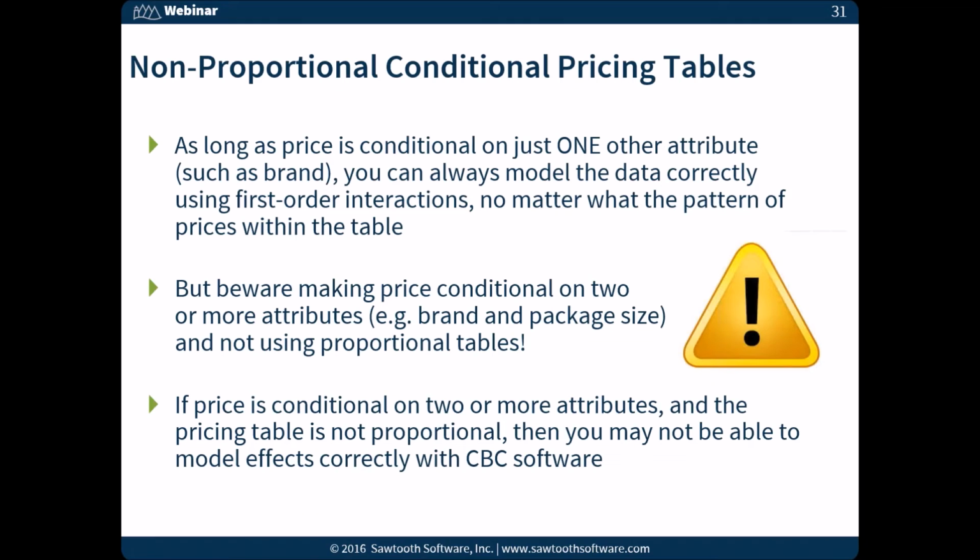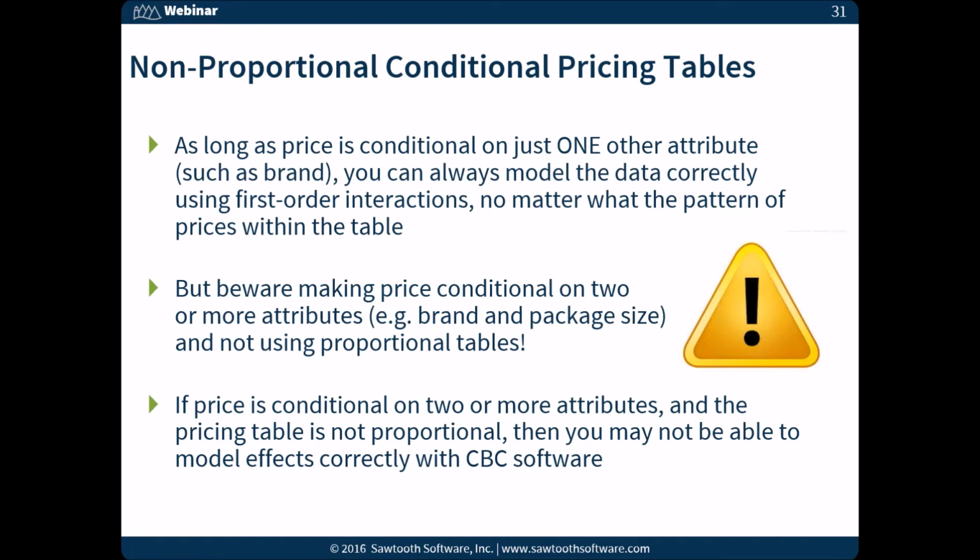So if I've scared you enough into using proportional conditional pricing tables, there's still going to come a time when you're just not going to be able to use them. Sometimes this is at the client's request, sometimes it's because you forgot beforehand. But as long as the price is conditional on just one other attribute, let's say brand, for example, then we should be able to model the data correctly using first order interactions, no matter what the pattern of prices within the table.